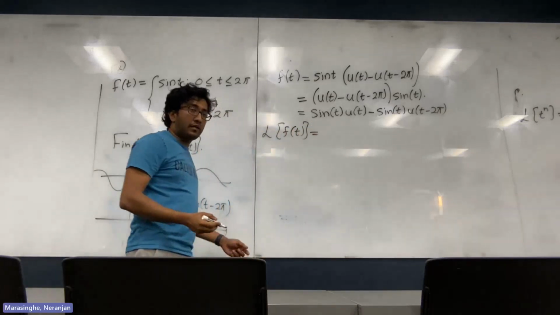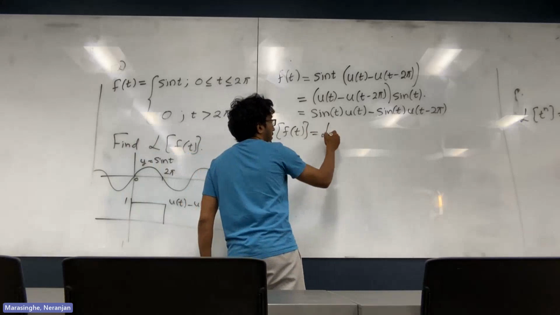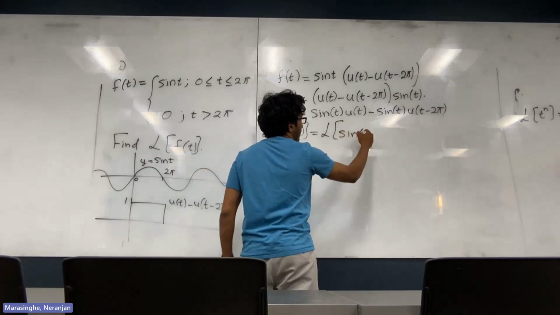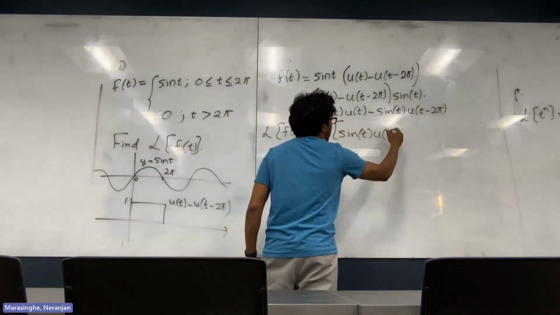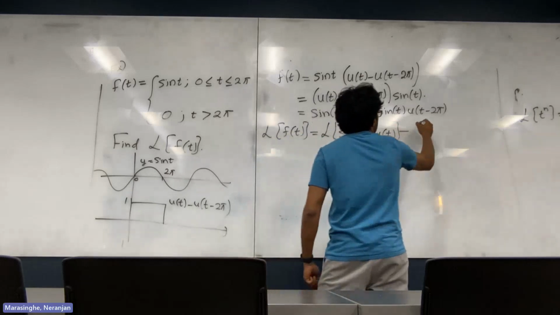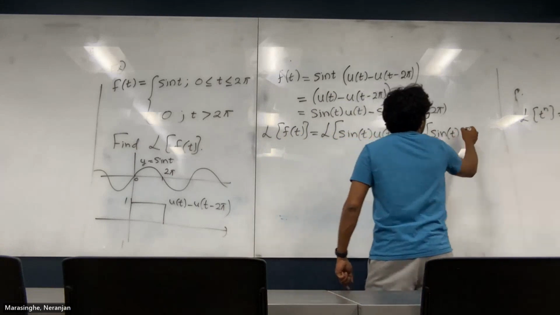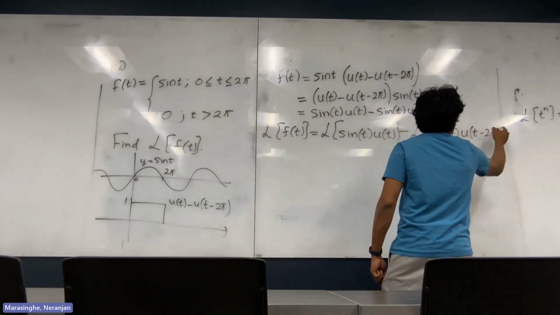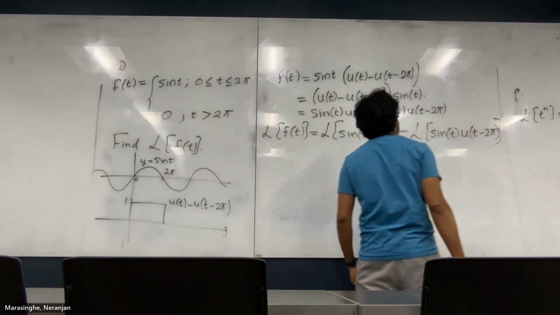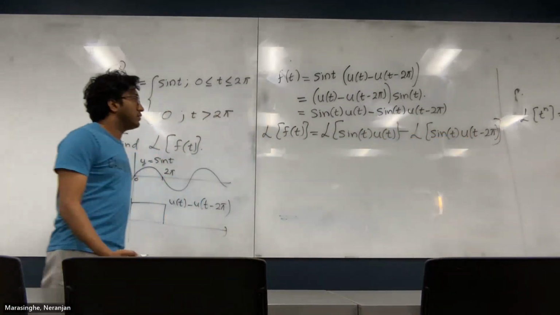Then I would apply linearity. From linearity, I would get the Laplace transform of sine t times u(t) minus the Laplace transform of sine t times u(t minus 2 pi).